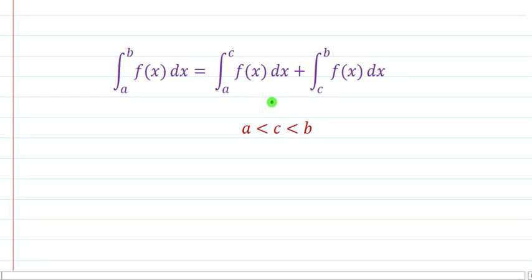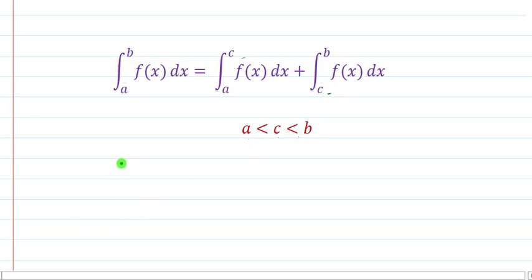So here is the next property in front of you. When the limit is from a to b for integration of the function f(x) dx, it can be written as the limit a to c of f(x) dx plus c to b of f(x) dx, where this c is in between a and b, meaning a is less than c and c is less than b.